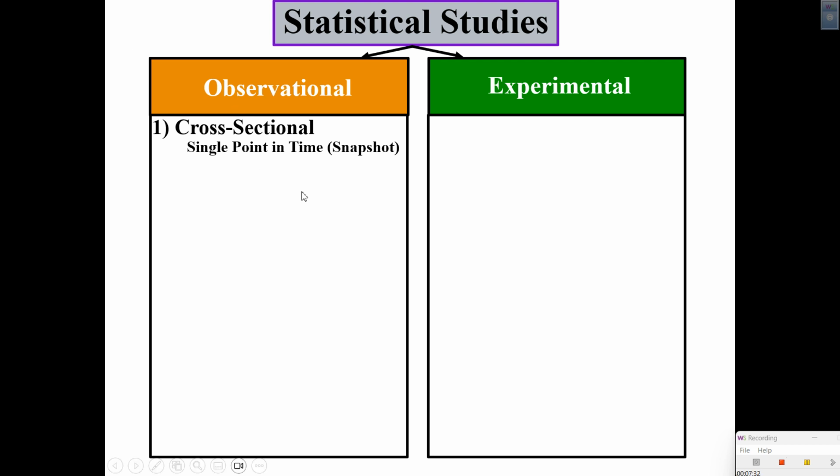The second most common observational study is known as retrospective. Retrospective, write that down. Now, what's different from that one to cross-sectional? Retrospective, we need actually past records to do the study.